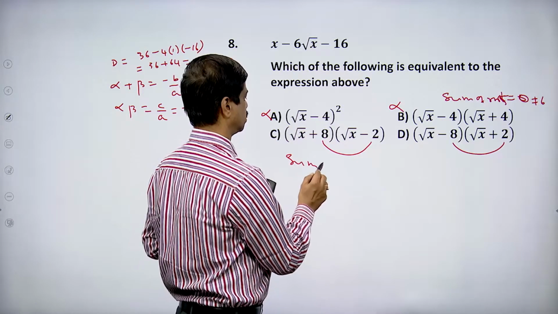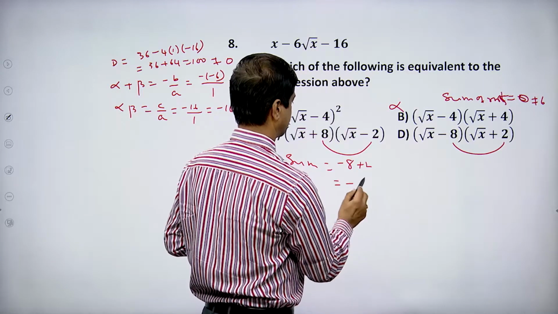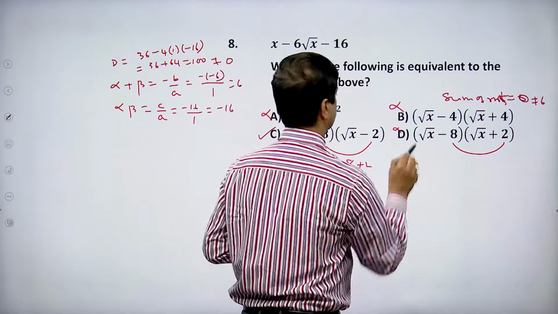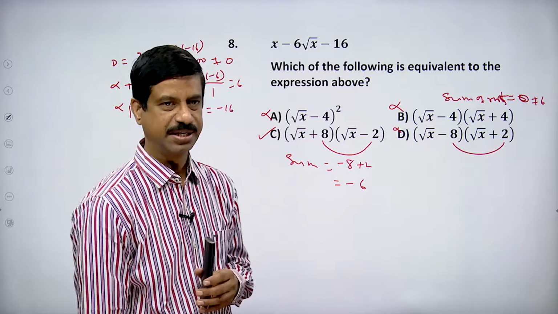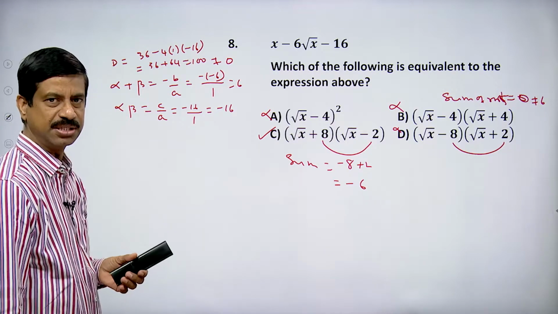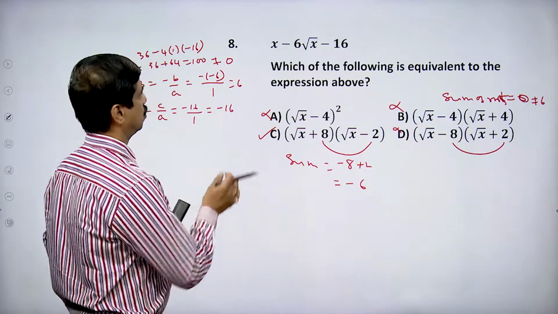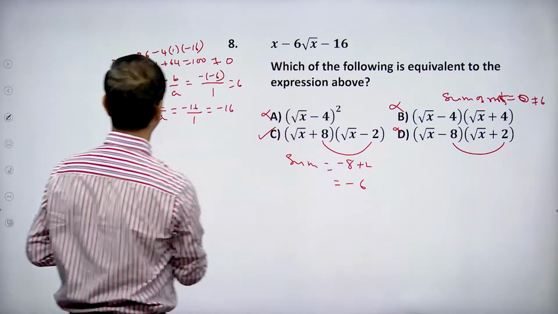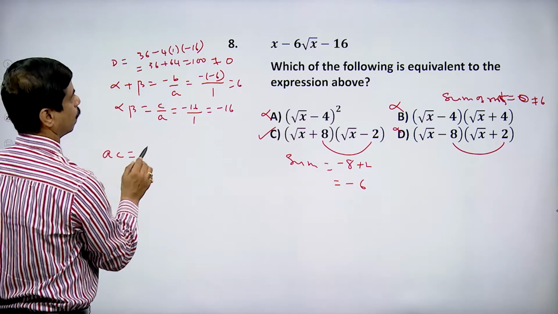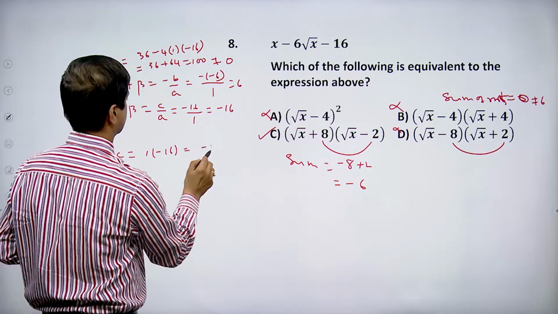What is the sum of roots here? Minus 8 plus 2, that is minus 6. So the answer is C. D is deleted. If C is the answer, D is deleted. Okay. This is how you get it. Otherwise, expand and see. So break factors. AC is 1 into minus 16, so that is minus 16.